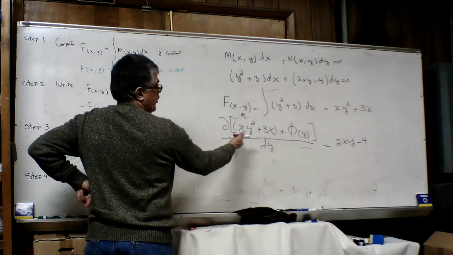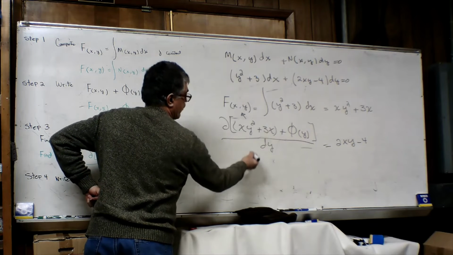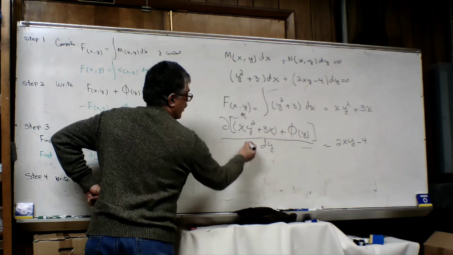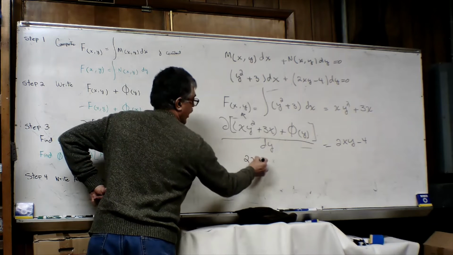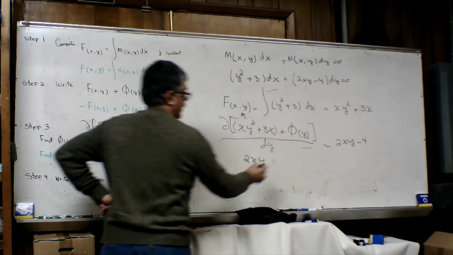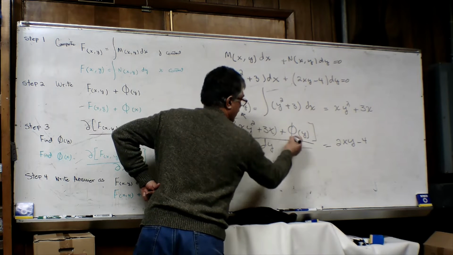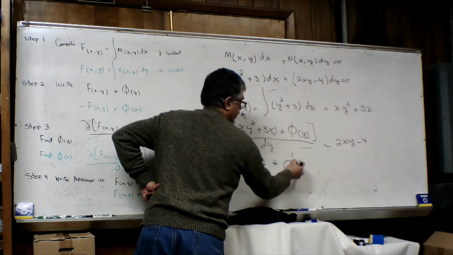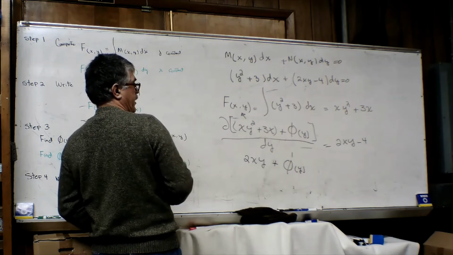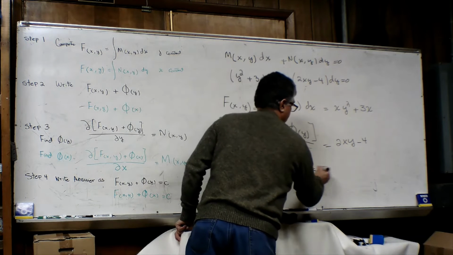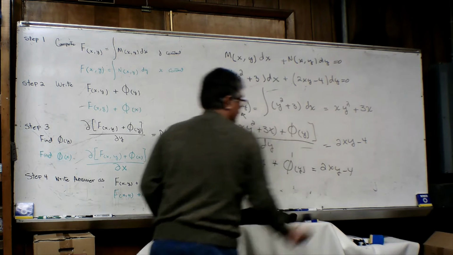So if we differentiate, this will be 2xy plus phi prime as a function of y, and we make it equal to 2xy minus 4.